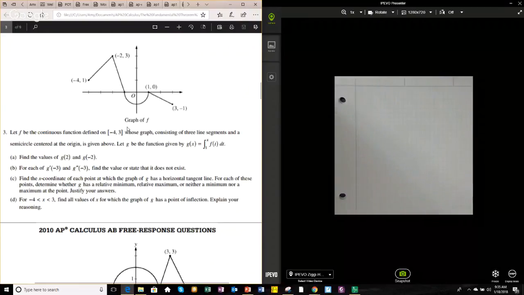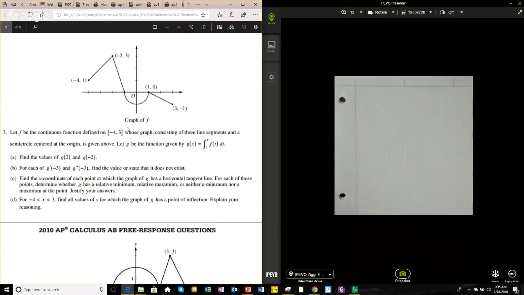And let's see here. I actually have a hard copy of this so that I can draw on it, so you can see what I'm doing. Sorry, my fingers aren't working today. Okay, here we go.